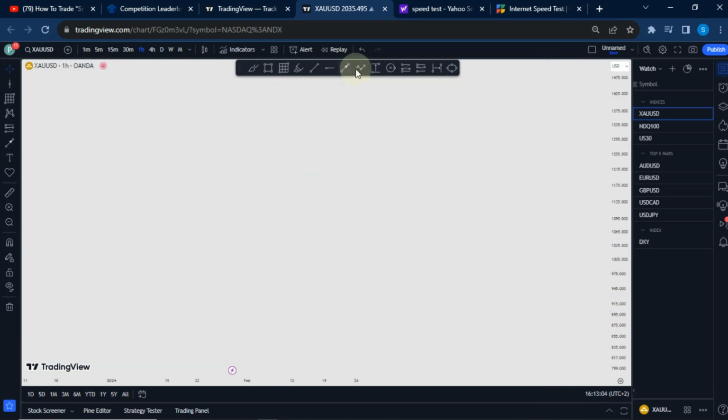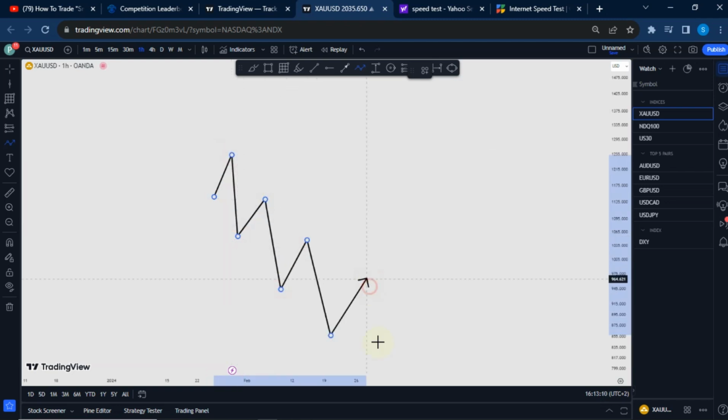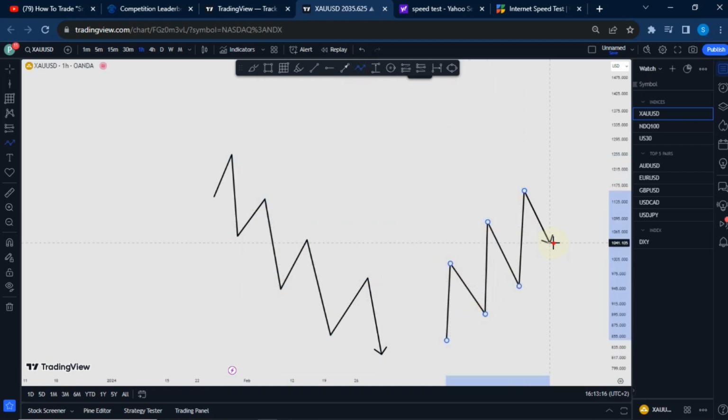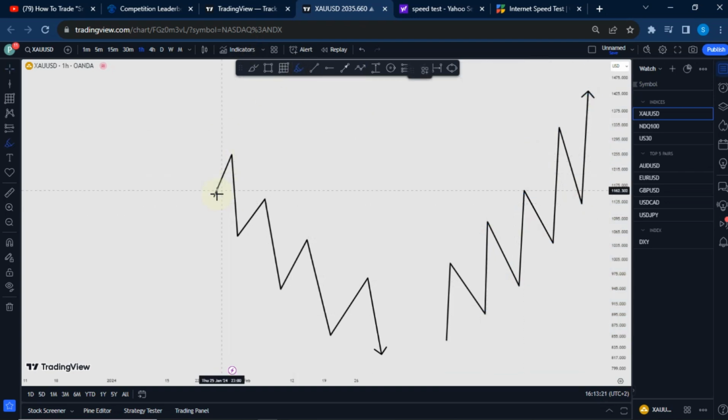In closing, remember, once we have our lower low, lower high, lower low, lower high, and once we have our higher high, higher low, higher high, higher low, here we're going to have our break of structure, break of structure, break of structure.